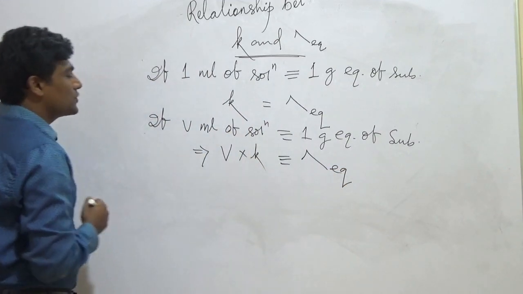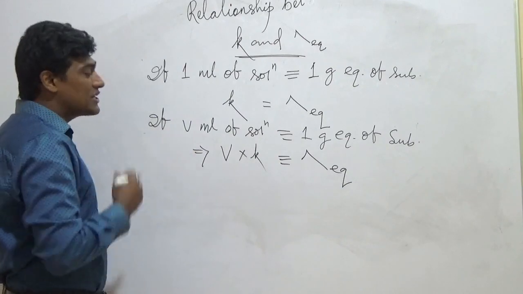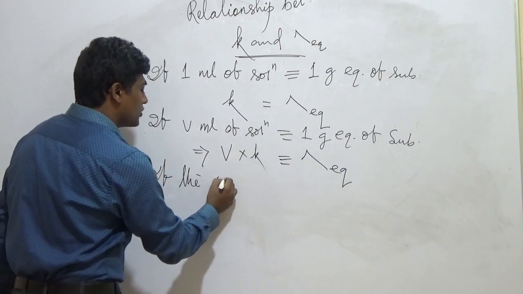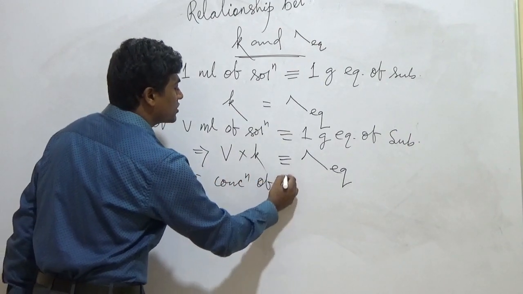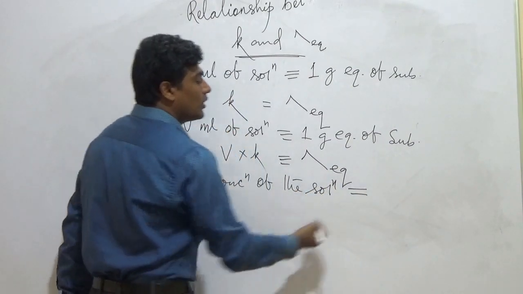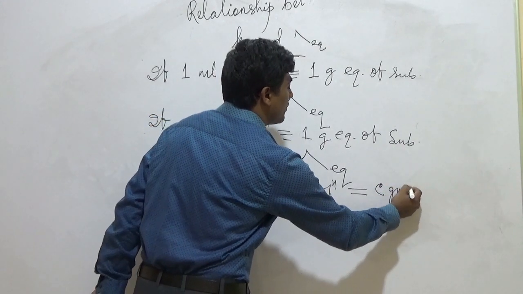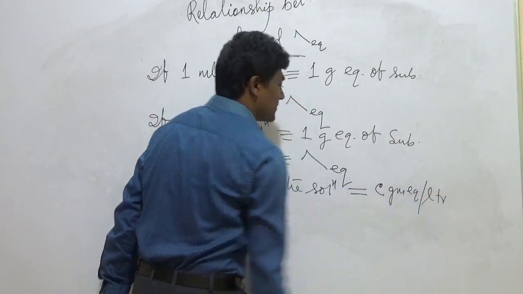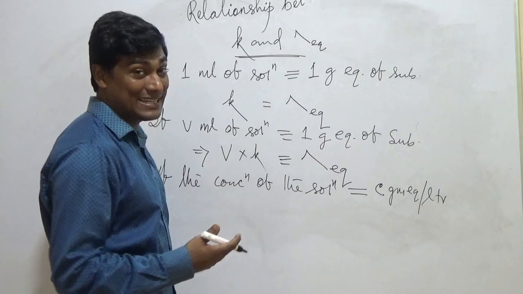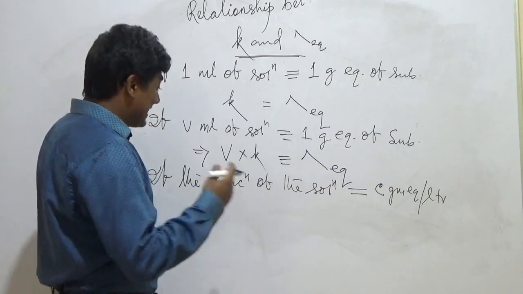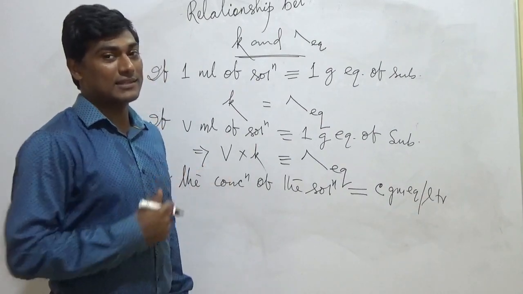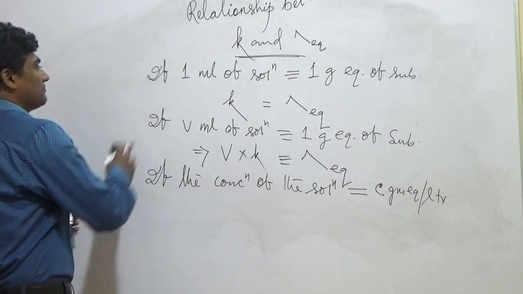Now if the concentration of the solution is C gram equivalent per liter, that means each 1 liter, that is 1000 ml, of the solution contains C gram equivalent, then what will be the relationship between the specific conductance and equivalent conductance?